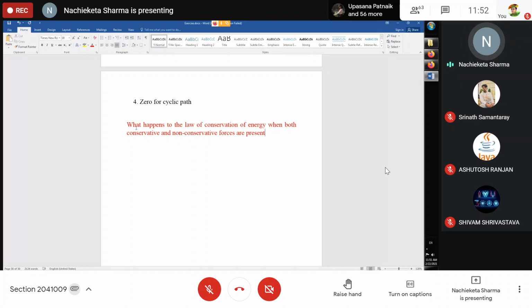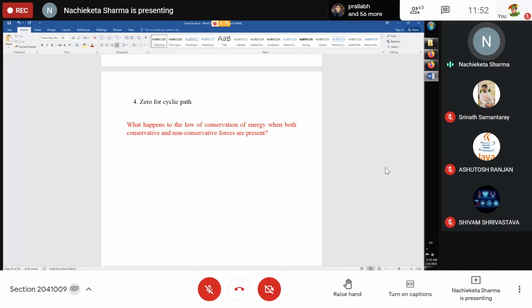How are we going to write the conservation law? Now you see, it is found that in non-conservative forces, energy is dissipated.